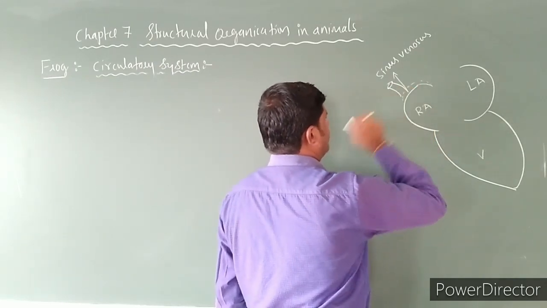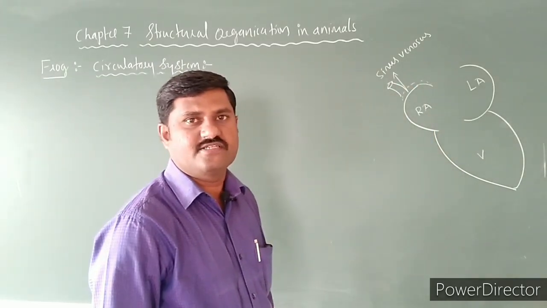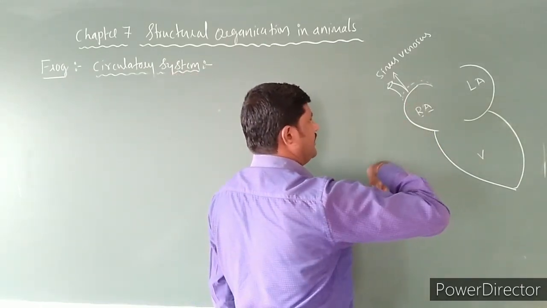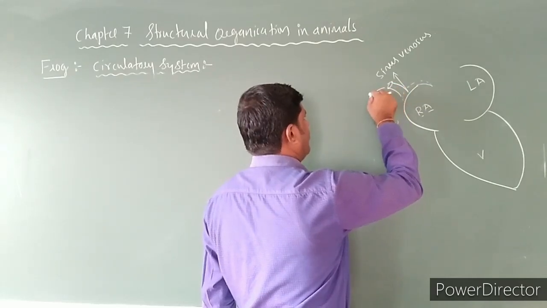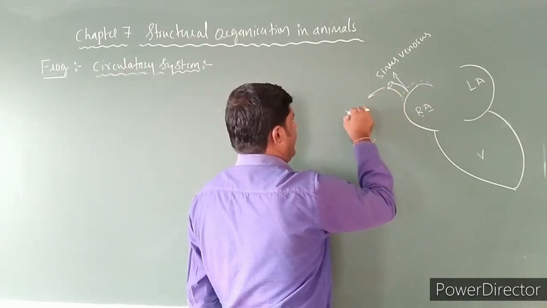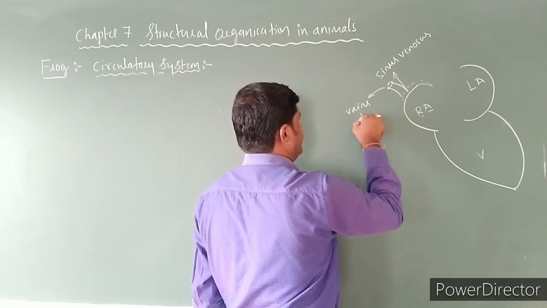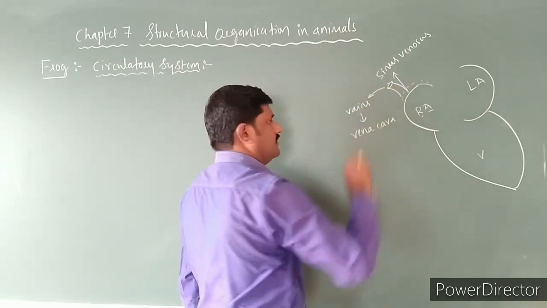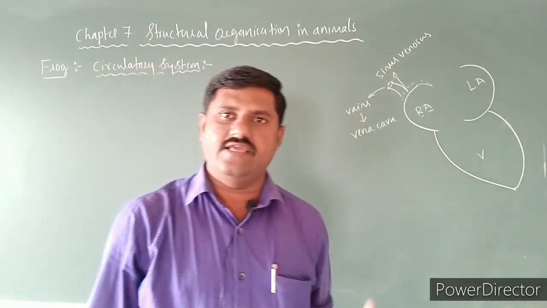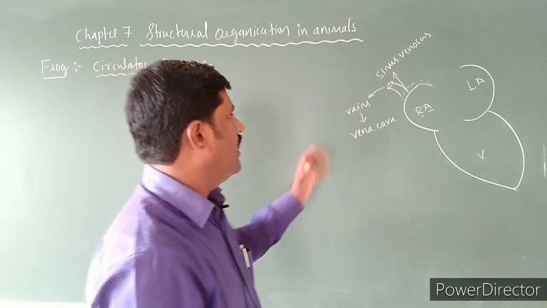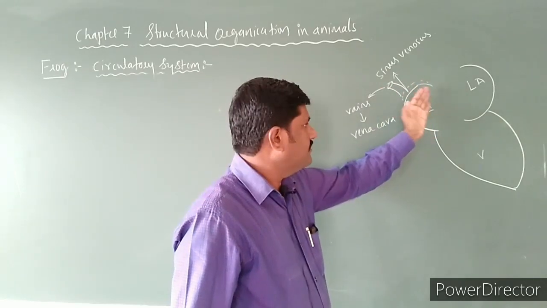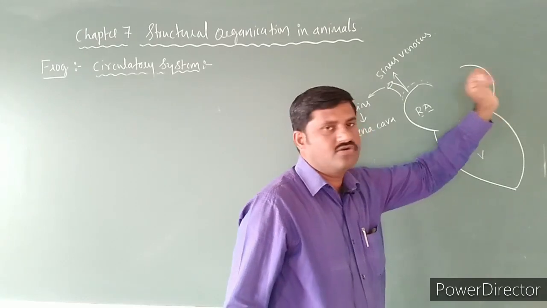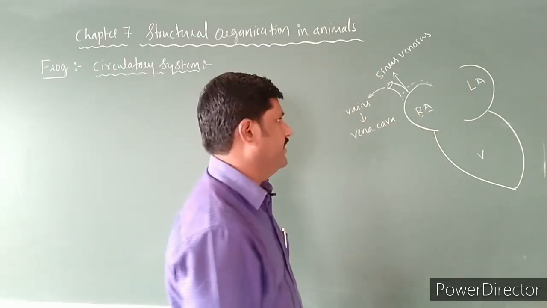Especially it brings the blood from different parts of the body to this right auricle or right atrium, from some of the veins called the vena cava. These are the large veins that carry the blood to the heart over here. So this is deoxygenated blood that is carried over here, and this is oxygenated blood that is carried over here.